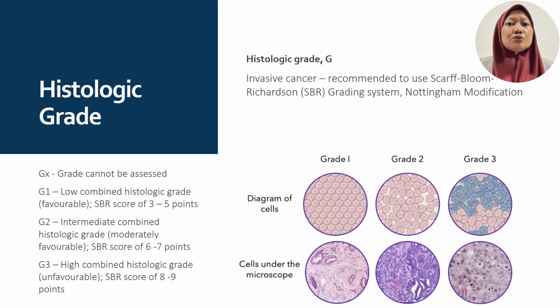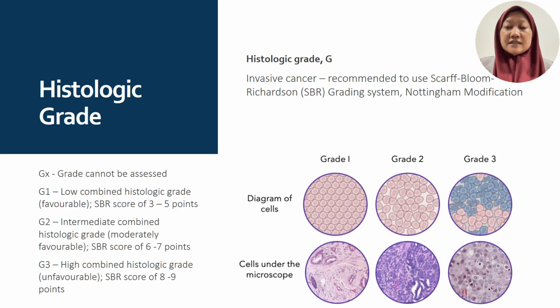When it comes to invasive breast cancer, the recommended method for assessing histologic grade is Scarff-Bloom-Richardson or SBR grading, specifically the Nottingham modification. This grading system evaluates three factors, which are tubule formation, nuclear pleomorphism, and mitotic activity.